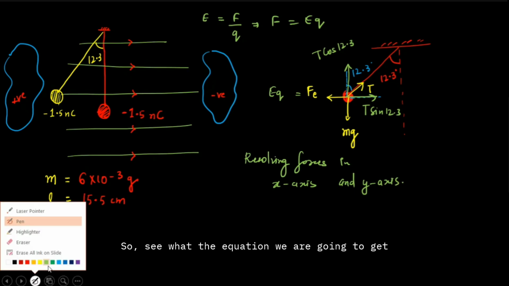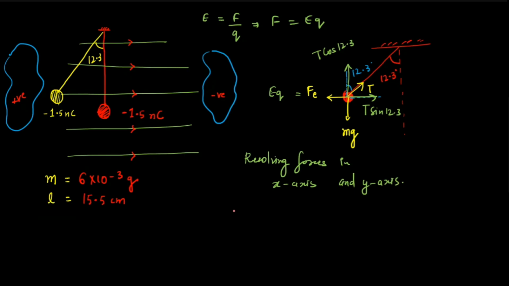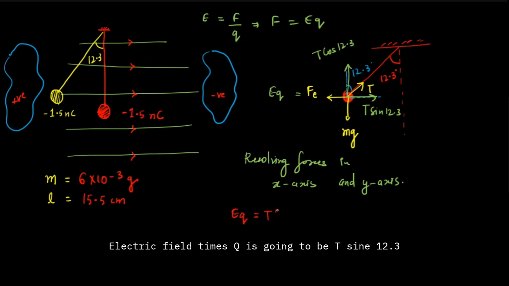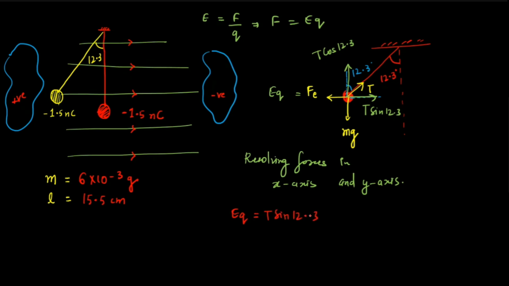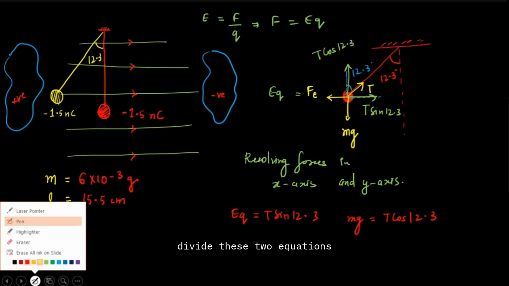So see what equation we are going to get. Electric field times Q is going to be T sin 12.3, whereas weight is supposed to be T cos 12.3. What we can do here is simply divide these two equations.